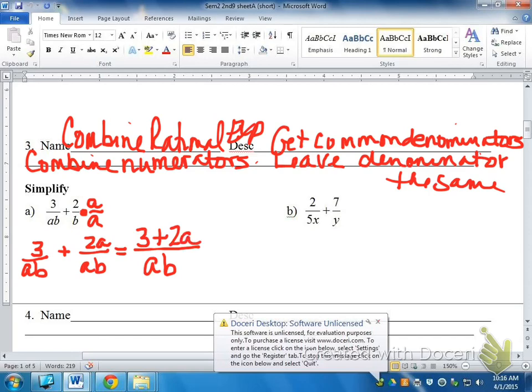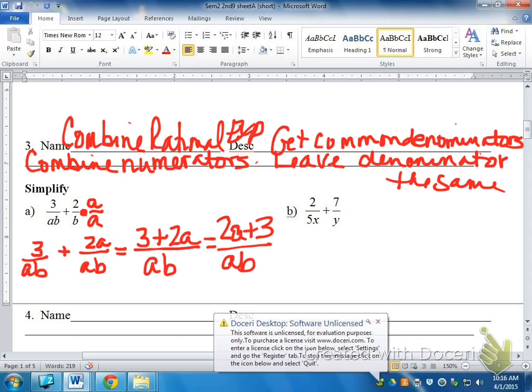I want these in the correct order. Standard form, basically. And standard form requires that a polynomial is written in alphabetical order and the constant term last. So that means you would write 2a plus 3 over ab. Okay, questions about that?